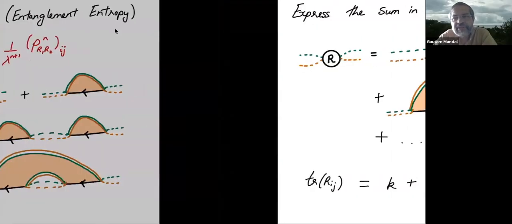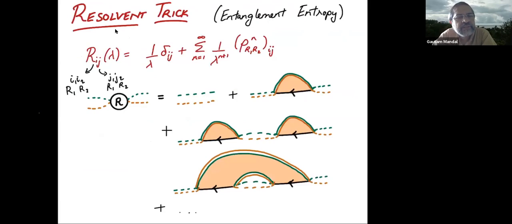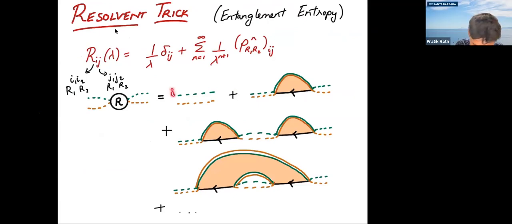Sorry, is it delta I1 J1, or delta I1 I2 times delta J1 J2? So what I was saying is this one is I1, this is I2, this one is J1, this one is J2. So this contraction is essentially delta I1 J1, delta I2 J2.